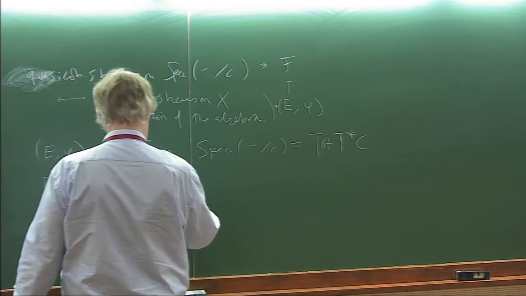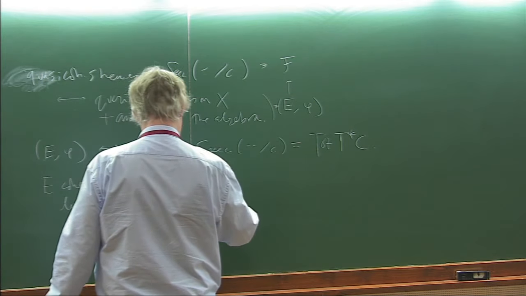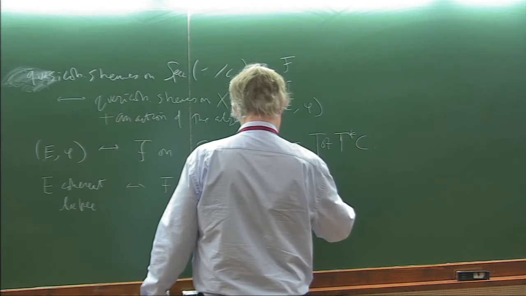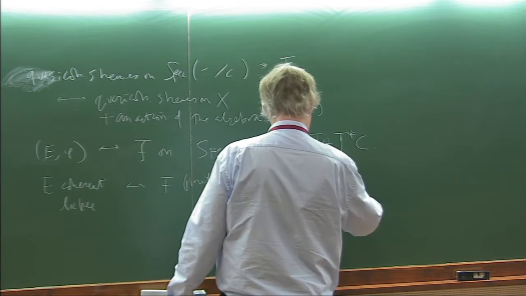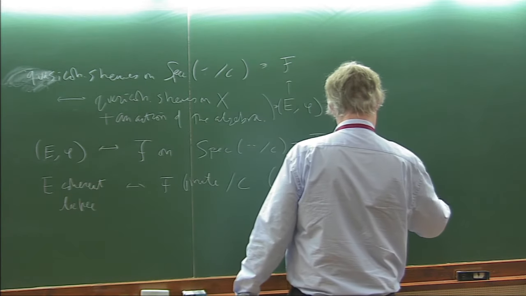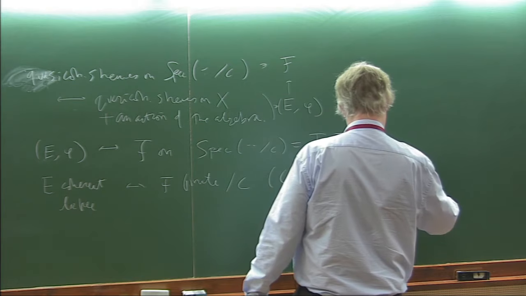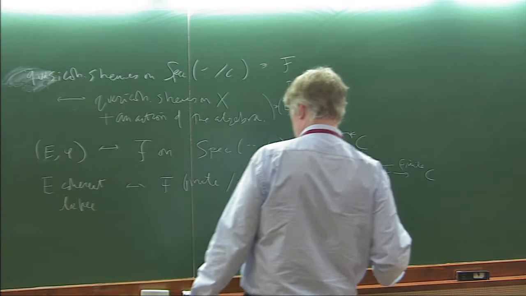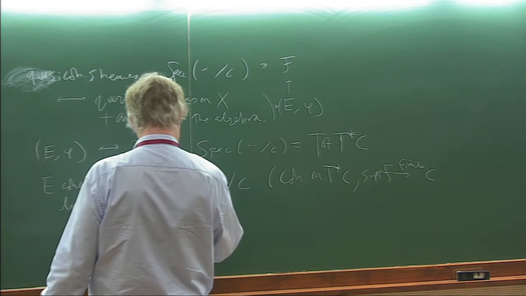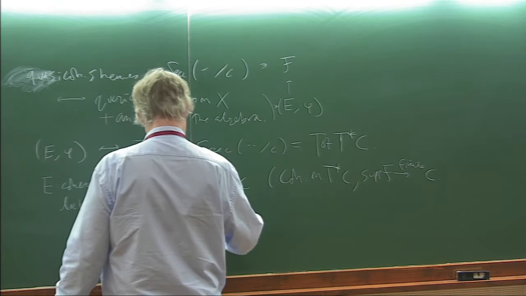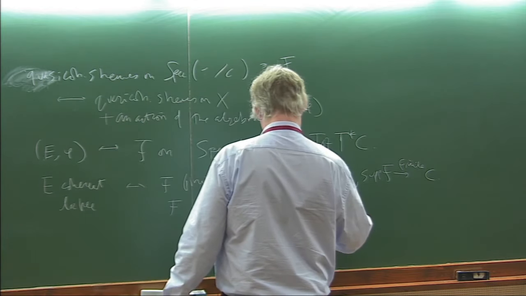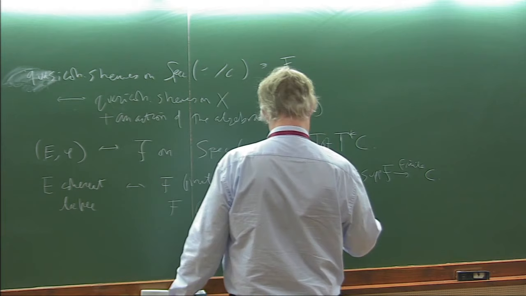and locally free if and only if F is finite over C, which basically means it's coherent on T*C, and the support of F is finite over C. And locally free if F is flat, and in fact that's equivalent to F having no torsion.